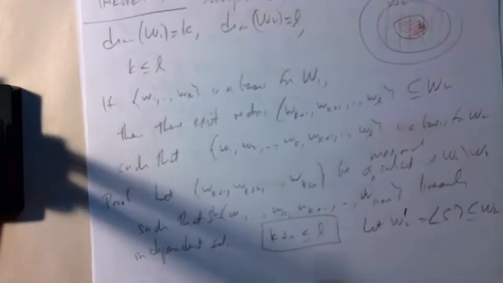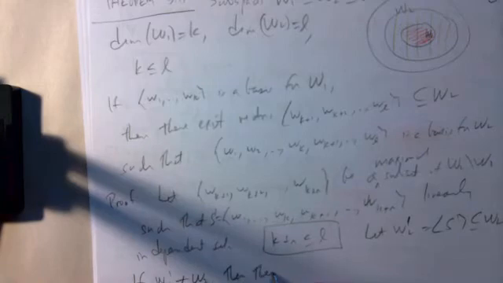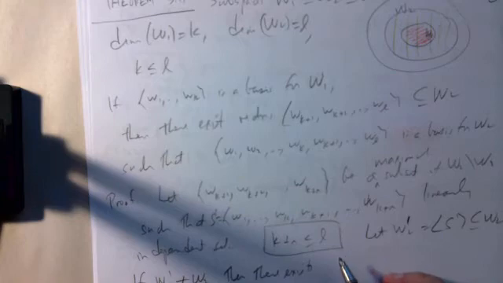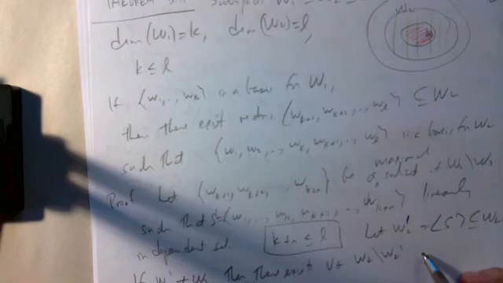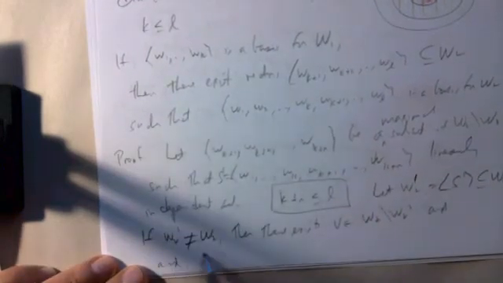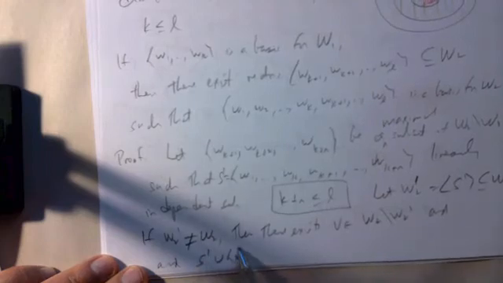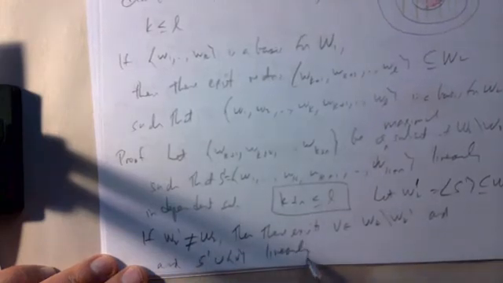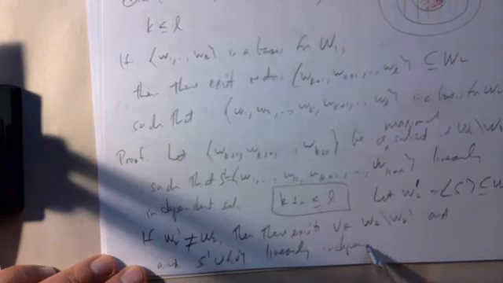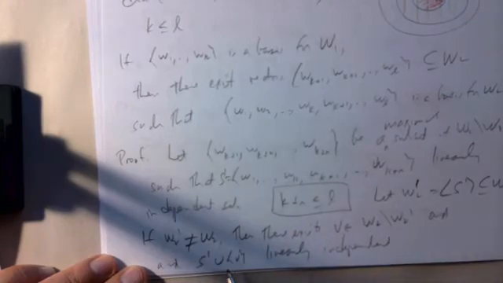And then we can say the following: if W2 prime isn't all of W2, then there exists some vector v in W2 minus W2 prime, and S prime union this vector v would be linearly independent. But this contradicts the maximality of S prime.